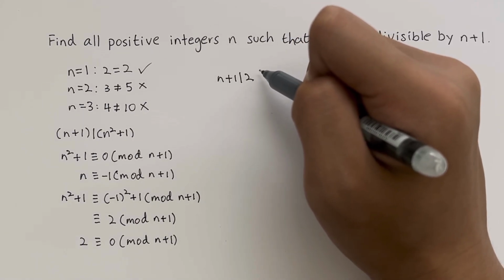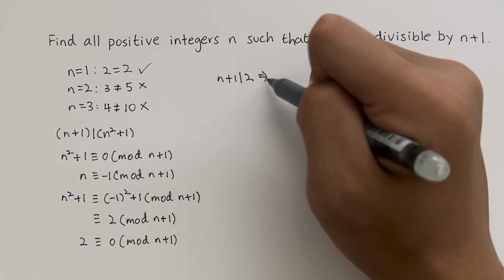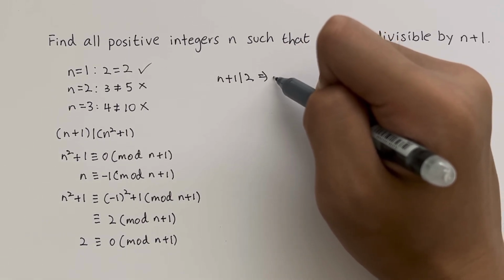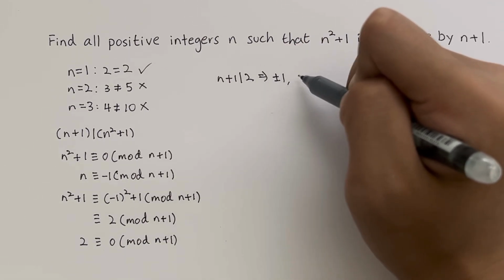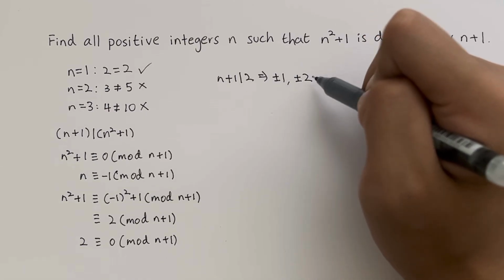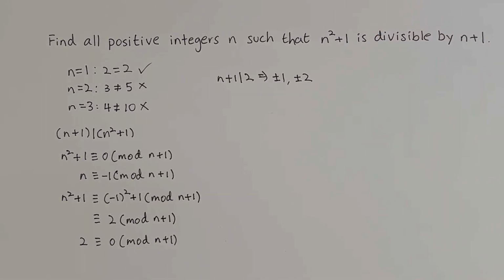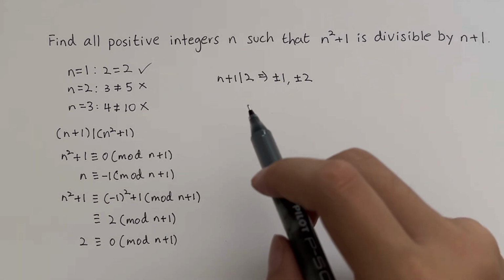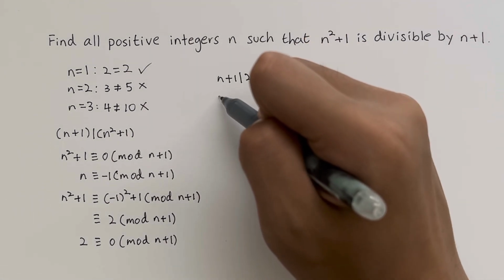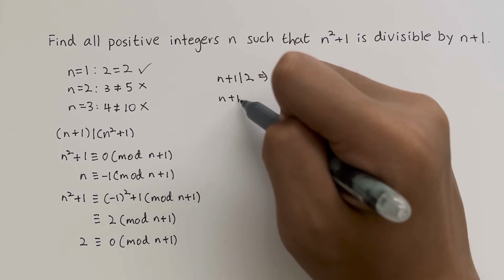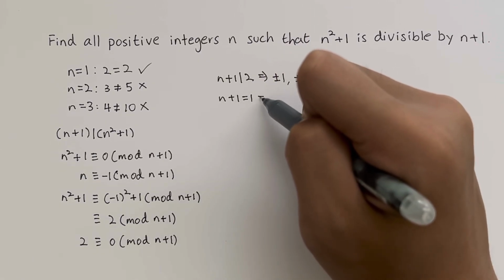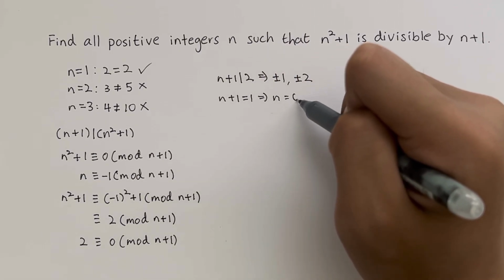What are the divisors of 2? Well, the divisors of 2 are plus or minus 1 and plus or minus 2. So, n plus 1 must be one of these values. N plus 1 equals 1, n equals 0.